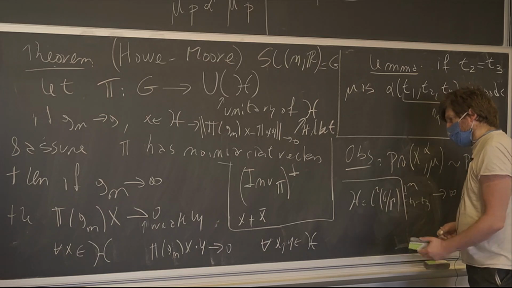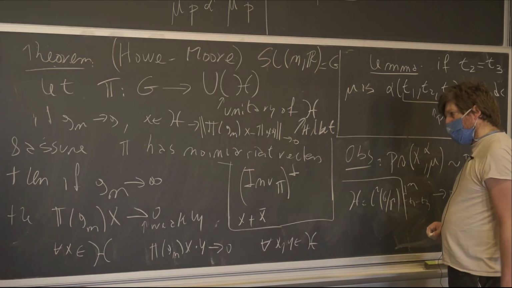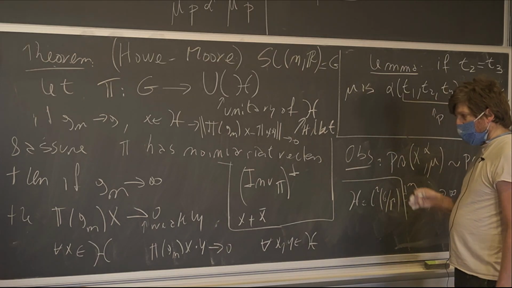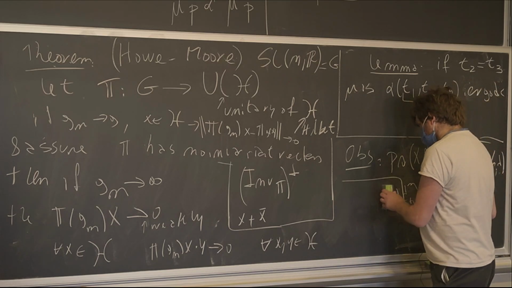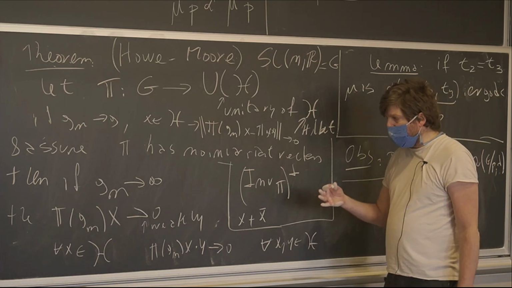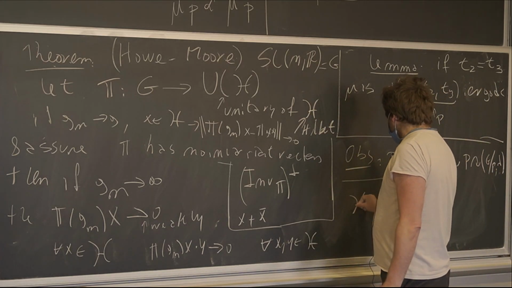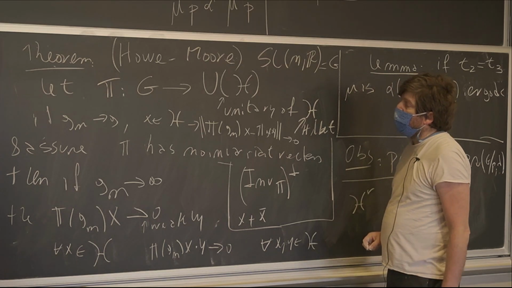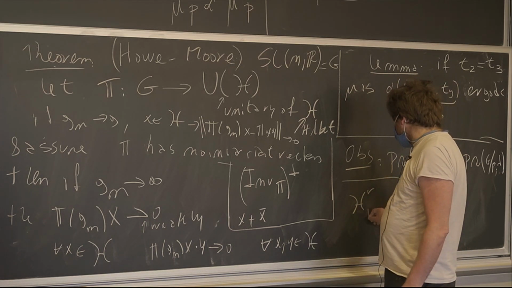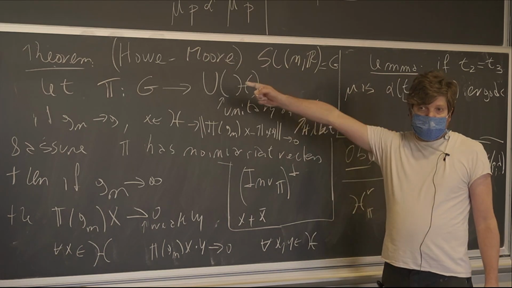This follows from some enhanced versions of the proof of these. In general, you can define on the Hilbert space what the smooth vectors are.